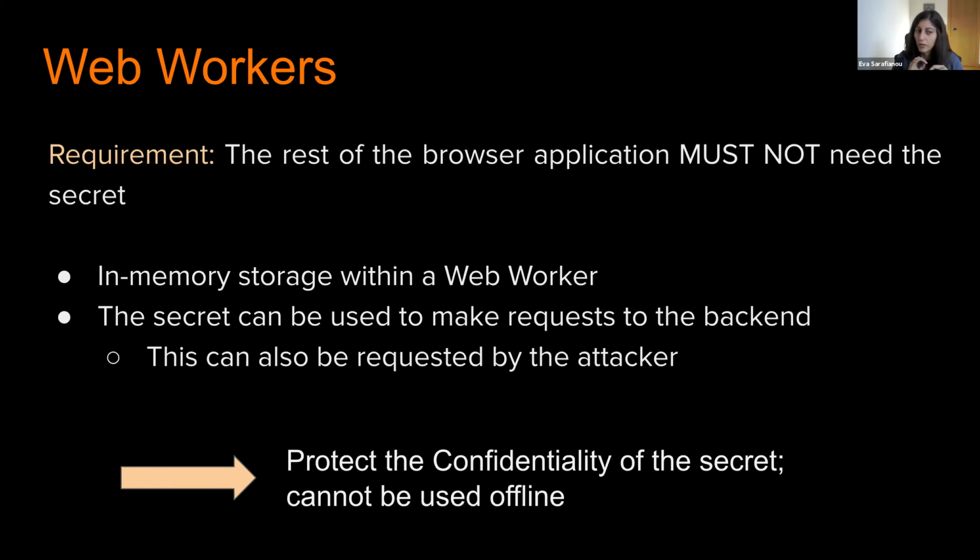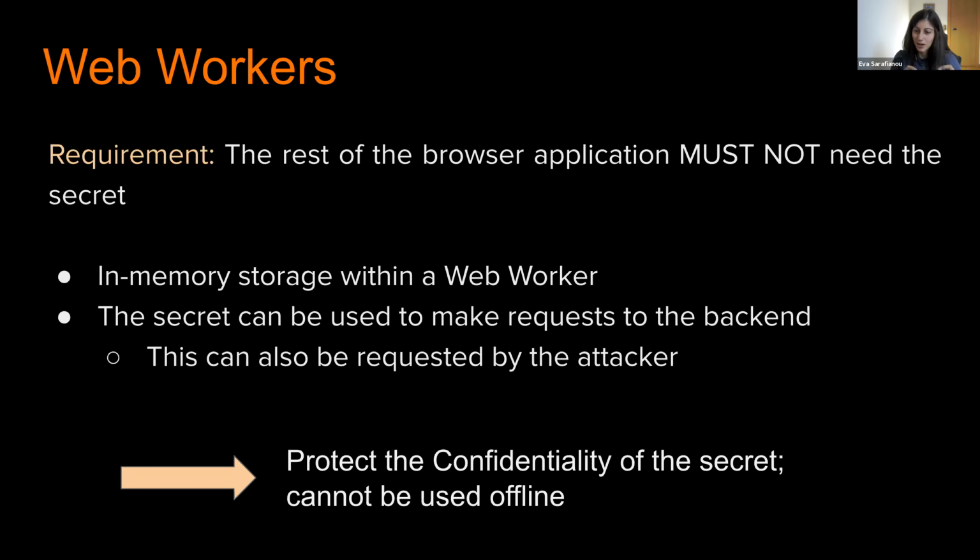And again, the level of protection we have here is that we protect the confidentiality of the value of the secret. The value cannot be retrieved, and the attacker cannot get the value and use it offline without the context of this compromised web page.